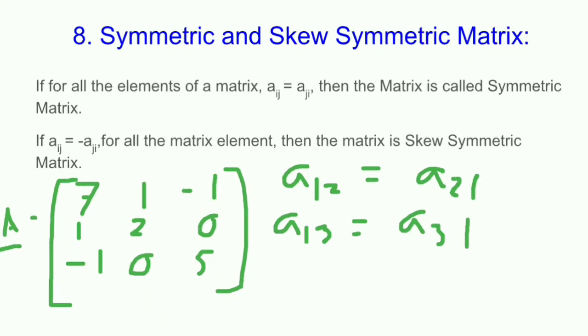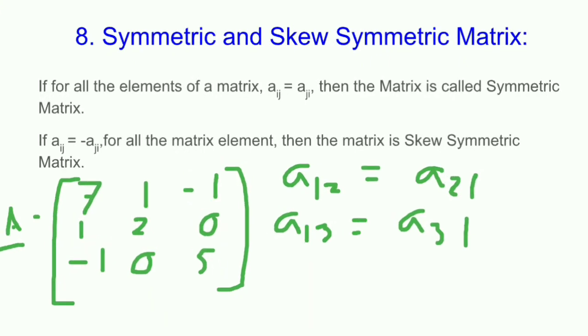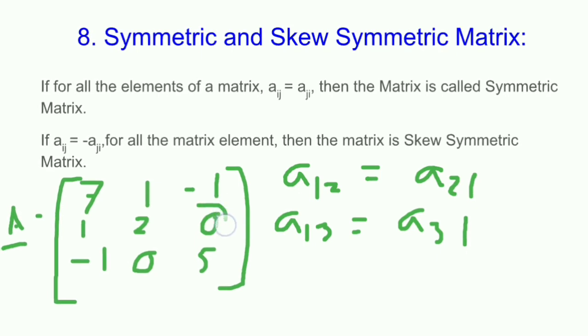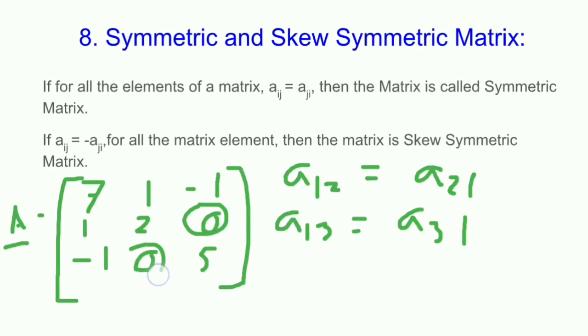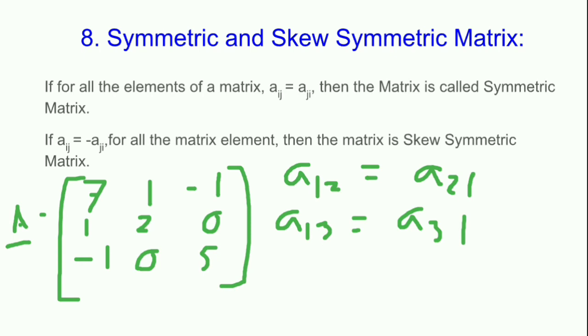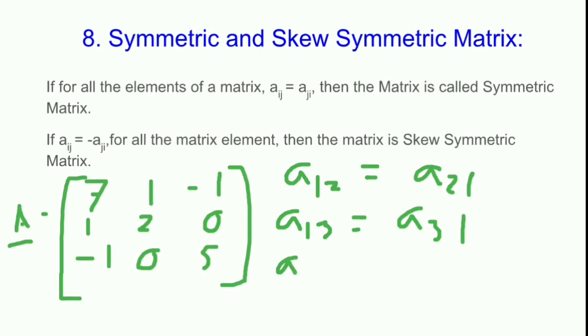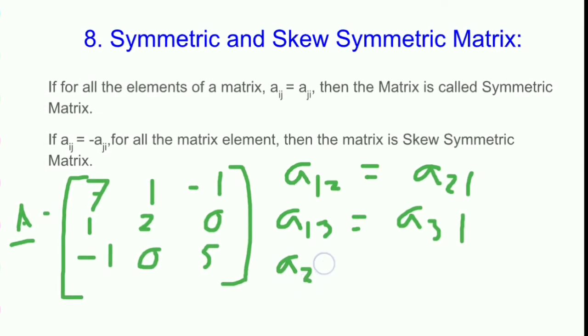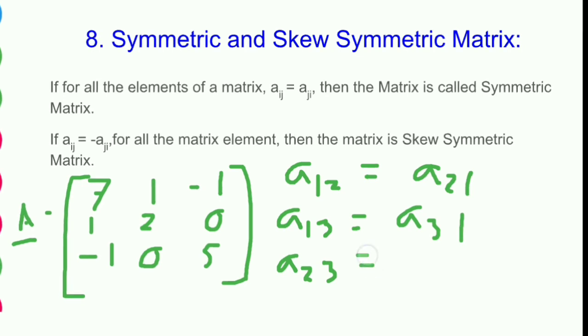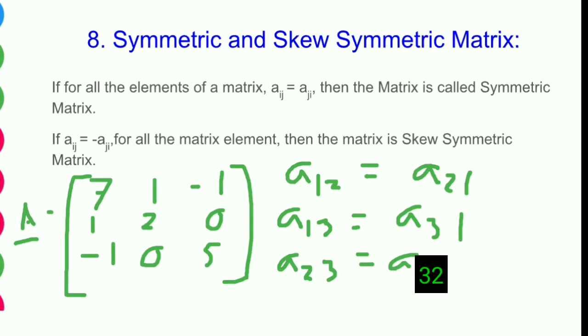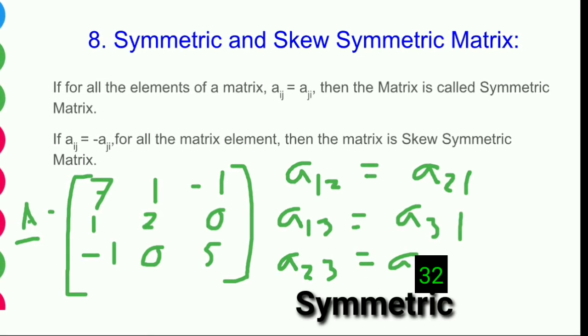And again, A23 is also equal to A32. Then this matrix A is called a symmetric matrix.